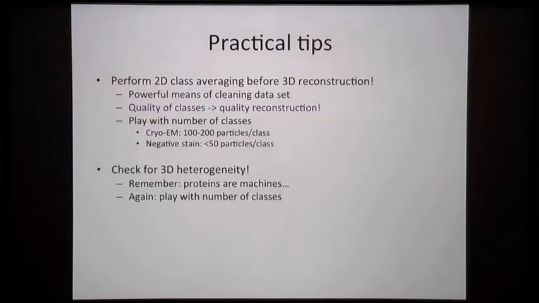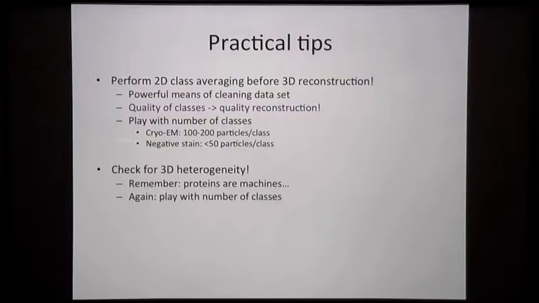And the thing you have to play with is then the number of classes, where for cryo-EM, I like you to have at least 100 or 200 particles per class, whereas in negative stain, you can go to much fewer, okay? Then because many of our proteins are machines which use conformational changes, many of them are complexes which might fall apart, we always check for 3D heterogeneity by doing these 3D multi-reference refinements. Again, the number of classes is the main parameter you have to play with.